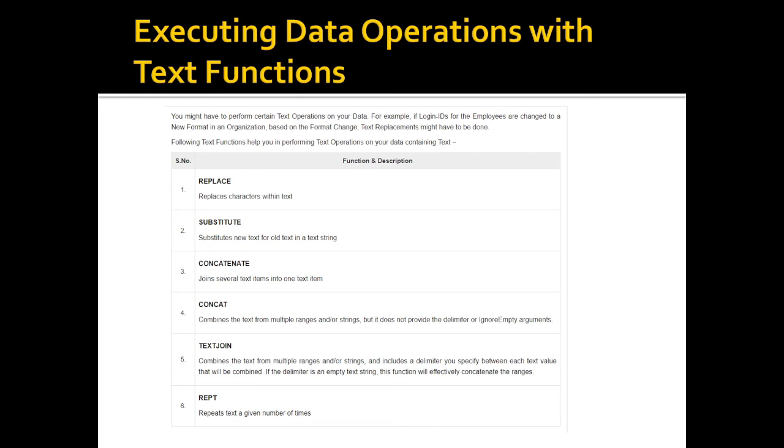If the delimiter is an empty text string, this function will effectively concatenate the ranges. So CONCAT and TEXTJOIN are used to join ranges, while CONCATENATE is used to join several text items. Then we have REPT, which repeats text a given number of times.